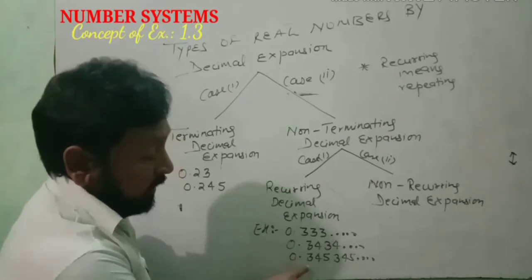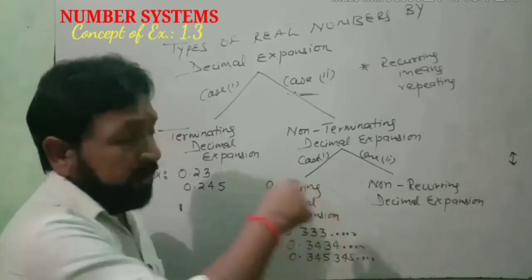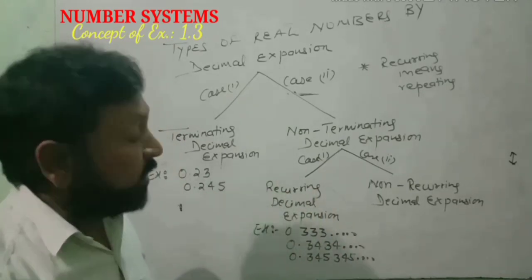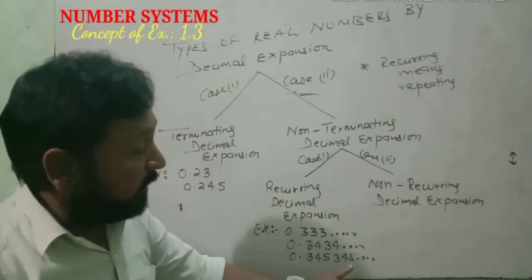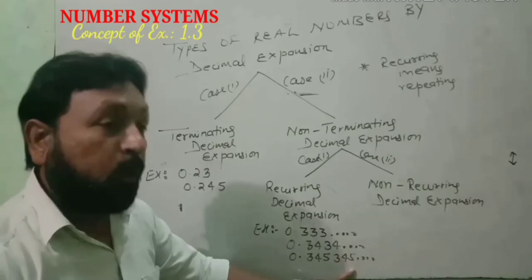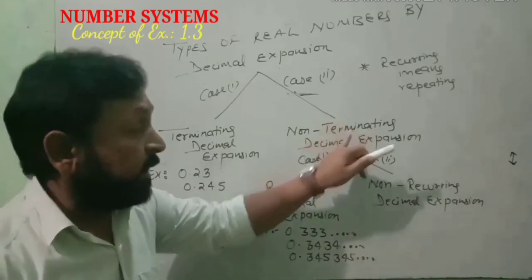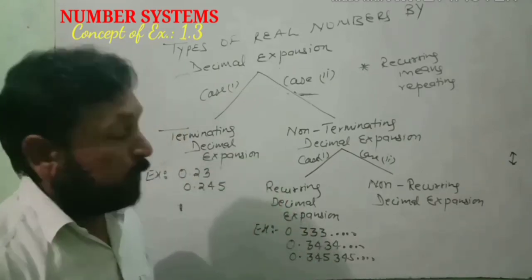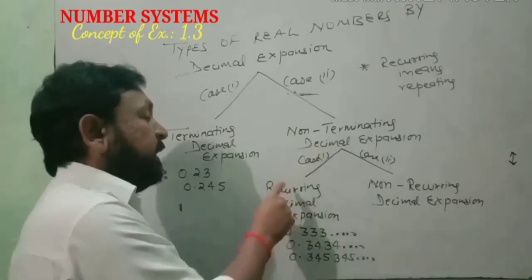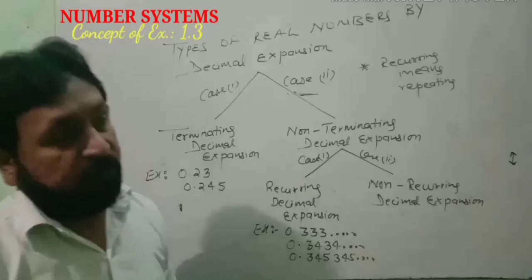See here, 0.345, 345. Again, it is repeating itself in a group. And these dots, as I explained, mean this division is not over. It is non-terminating. But since repetition is going on here, it is called non-terminating recurring decimal expansion.